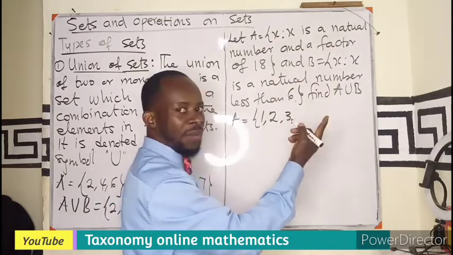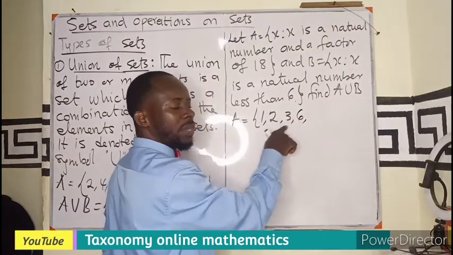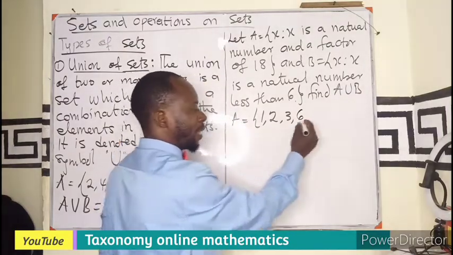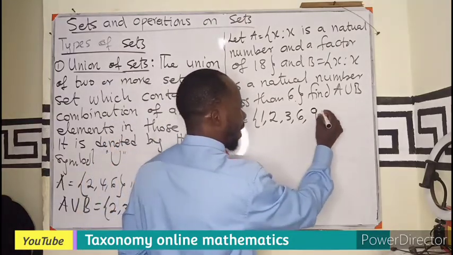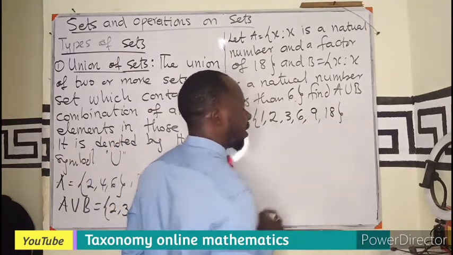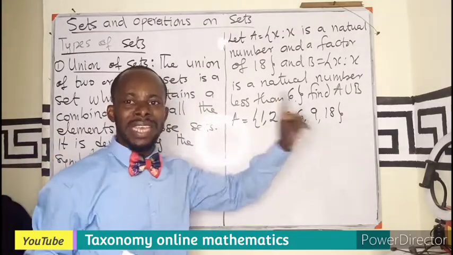From here 5 cannot go, so we go to 6. So 6 is a pair of 3. Then the pair of 2 will be 9. Then the pair of 1 becomes 18 itself. So these are the elements of the set A.